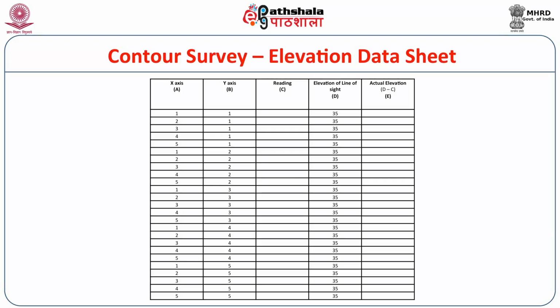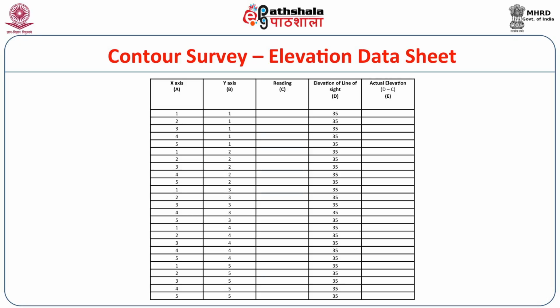And in the fourth column, we have to enter the height of the temporary benchmark. So, whatever is the elevation at that temporary benchmark, we have to enter into column D, and column E is again empty.